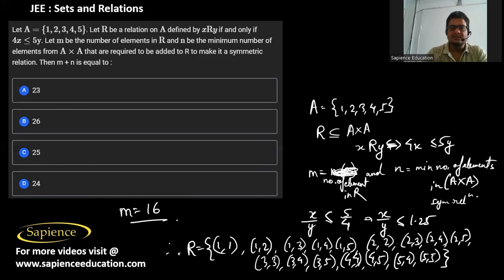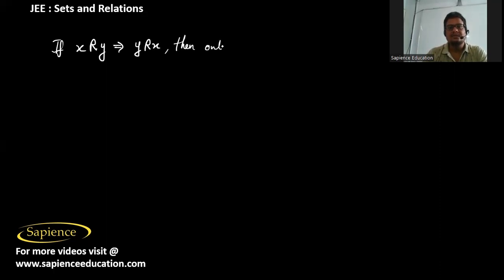Now as you can see, this R is not symmetric. Since why? If X is related to Y, it also implies that Y is related to X. Then only I can say R is a symmetric relation.